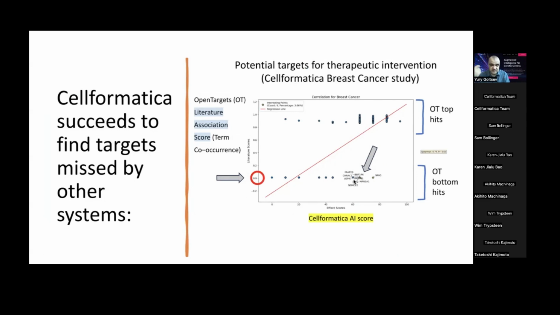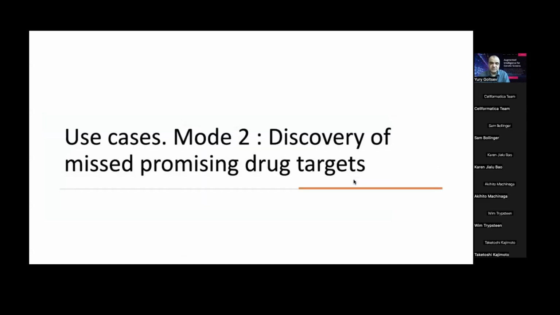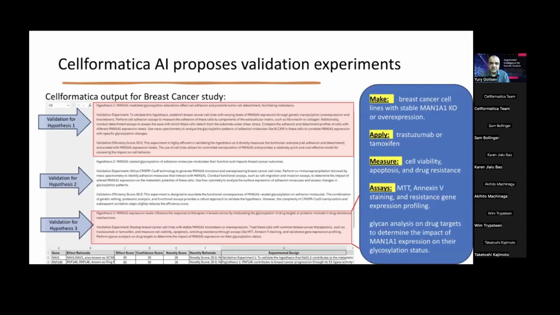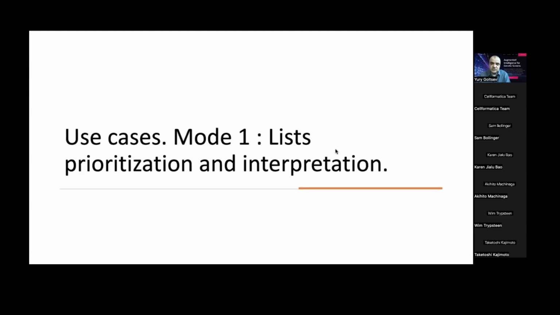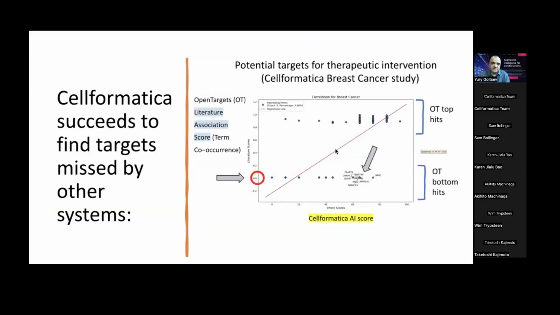And as a matter of fact, this was the gene that I showed you in the output. This was some kind of a glycosylation involved gene. This was the gene MEN1A1, which it thinks might be involved in glycosylation of the drug targets or other proteins involved in drug resistance mechanism, and provides certain references for it. So literally, the path to discovery of therapeutically meaningful compounds could be as simple as a single search.